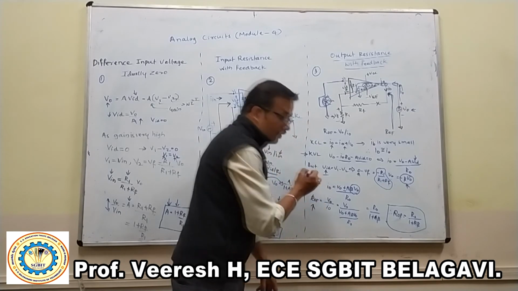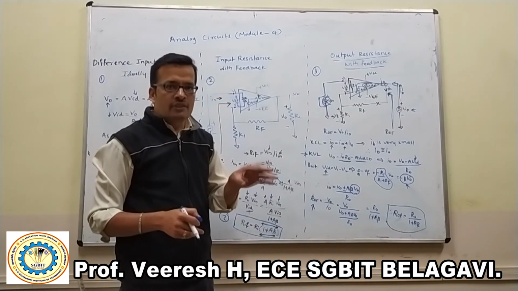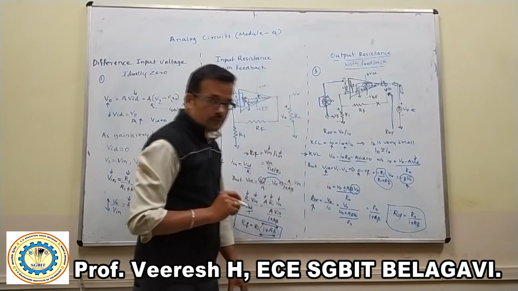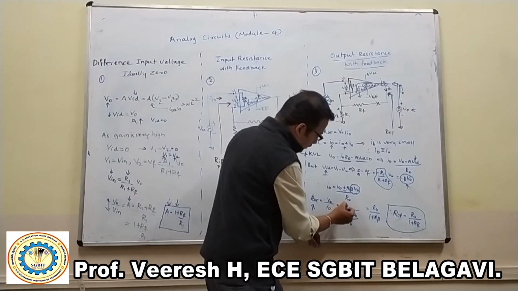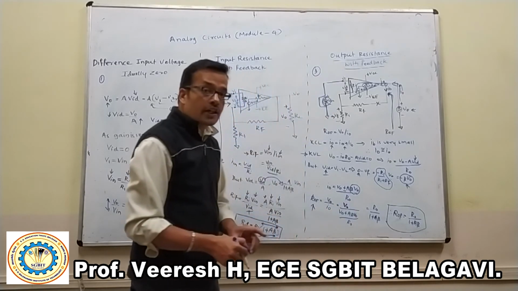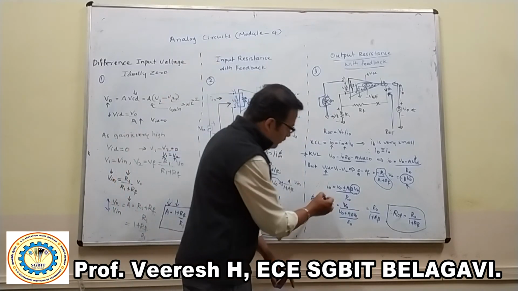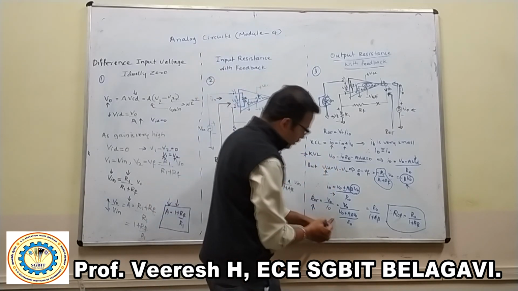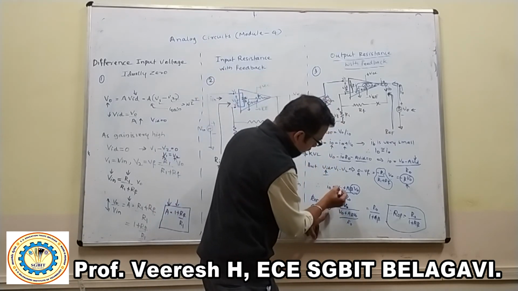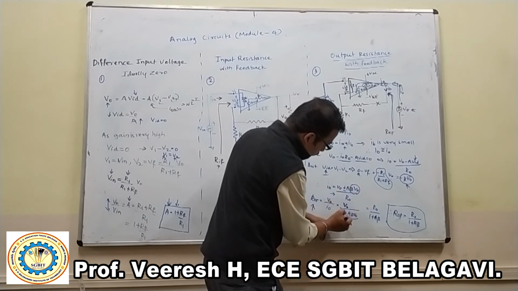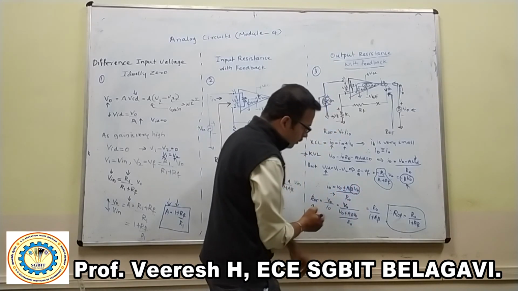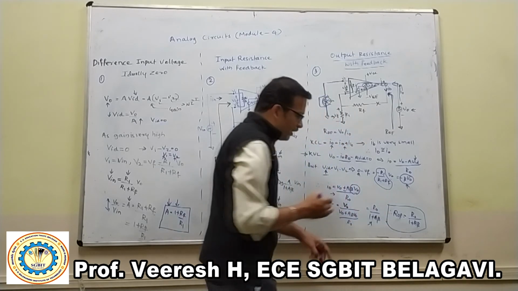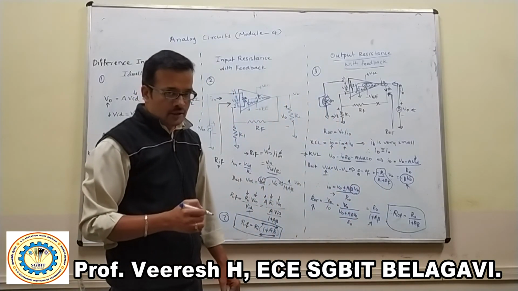Finally, what is ROF, the output resistance with feedback? I can write it as output voltage divided by output current. Output voltage is V0. But what is output current I0? It is the expression we have derived. So substitute this back into this expression. I0 is V0 plus A beta V0 divided by R0. After you cancel the similar terms, I will get R0 divided by 1 plus A beta.